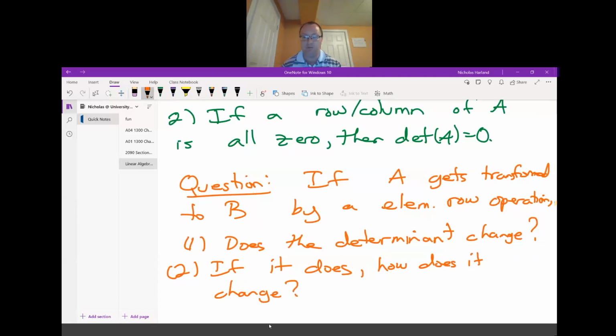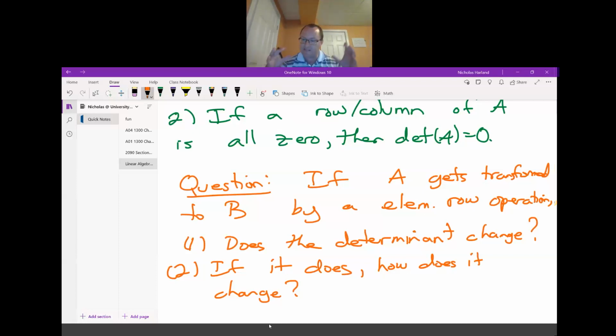How does any row operation change the determinant? If it stays the same, beautiful. If it doesn't stay the same, as long as we know how it changes, then we know what the determinant of the original matrix would have to be. For example, if a row operation multiplied the determinant by 2, and then we figured out that the new matrix had a determinant of 10, then we knew the original matrix had to have a determinant of 5.